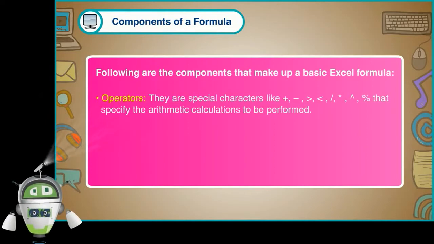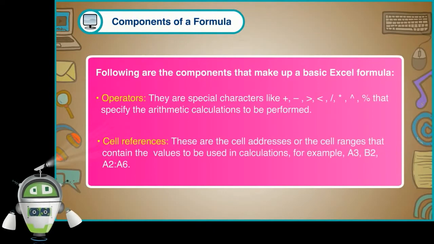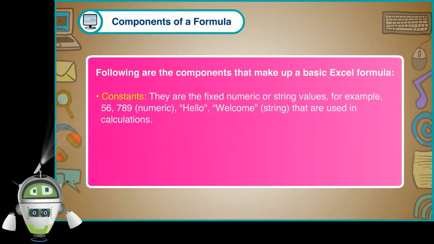They are special characters like addition, subtraction, greater than, smaller than, division, multiplication, exponential, and percentage that specify the arithmetic calculations to be performed. Cell references. These are the cell addresses or cell ranges that contain the values to be used in calculations.